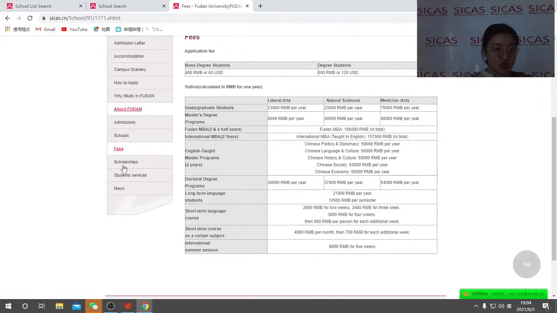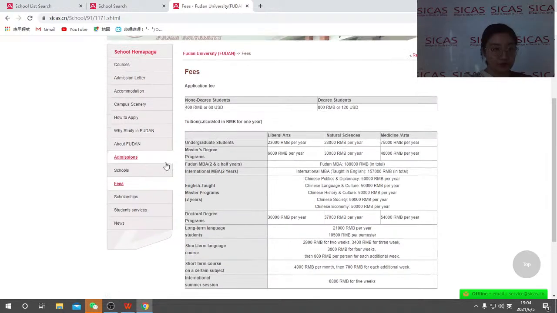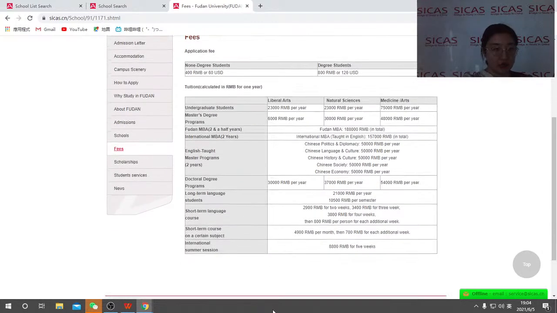Here's the fee structure. It's really straightforward. The application fee and the tuition per year.